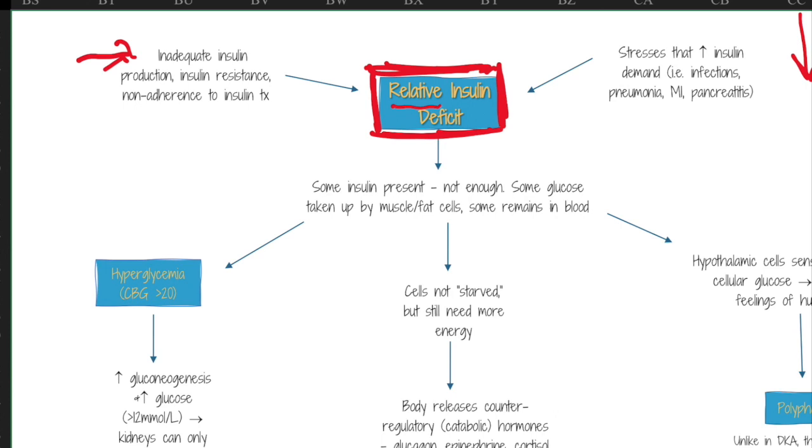With a diabetic type 2, some of them definitely are on insulin. In fact, the ones you're going to see in acute care are probably on insulin, because there's a reason they're in acute care, right? So yes, it can be a problem with insulin: newer insulin resistance, and again, non-adherence to insulin treatment, which is what I was just talking about.